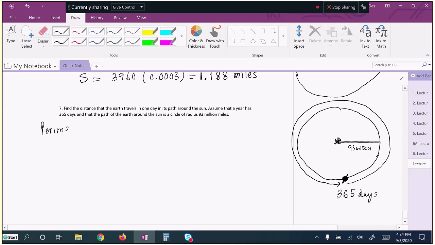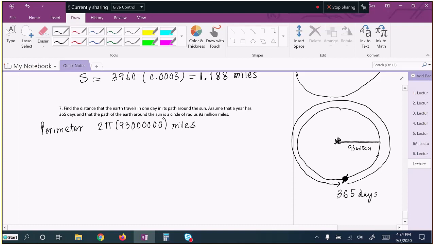So how much is the perimeter? Remember, the perimeter is 2 times pi times r. r is 93 million. So for million, you need 6 zeros. 1, 2, 3, 4, 5, 6. So that's the perimeter. That many miles.